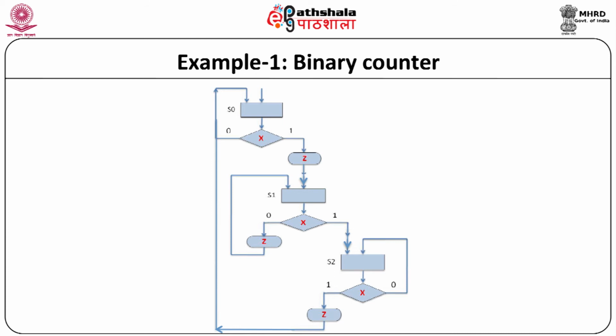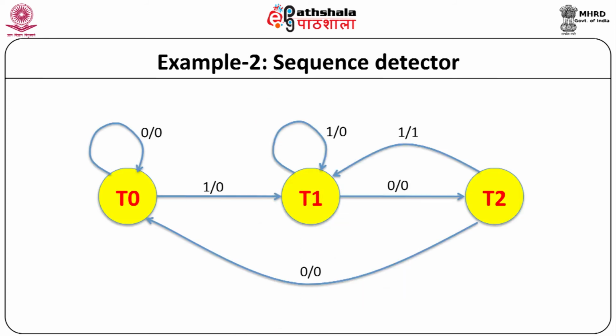The exit path of ASM block 3 corresponding to state S2 goes back to the original state S0 as shown here. This is the way how state diagram can be converted into ASM chart. Thus, the state machine provides entry and exits from other two ASM blocks to implement the desired state machine. Let us now consider the second example of sequence detector.